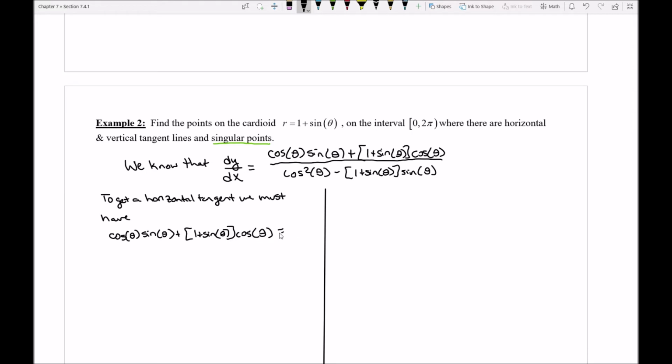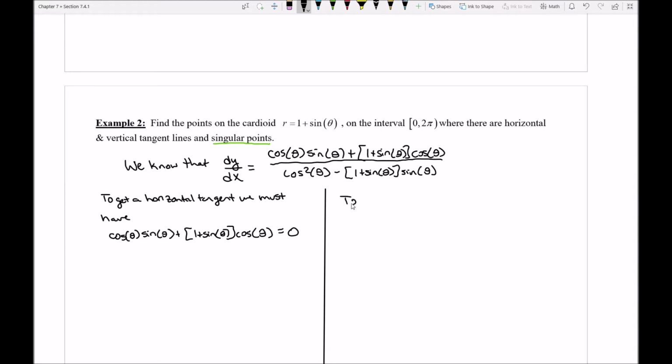I would need that to be equal to 0. I would also need the denominator to not equal 0 at that point. I can't get a horizontal tangent line if this comes out undefined. So this is what I would need. I need to find all the values of theta that can make this work.